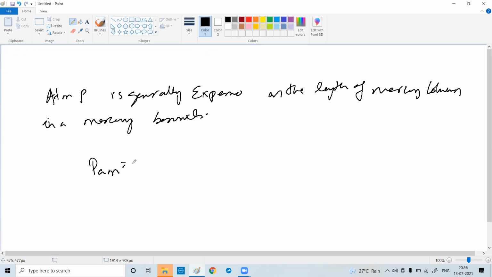That means PATM is 76 centimeter of Hg, equal to 760 millimeter of Hg.